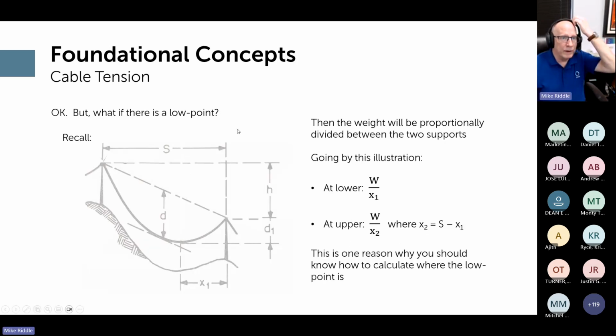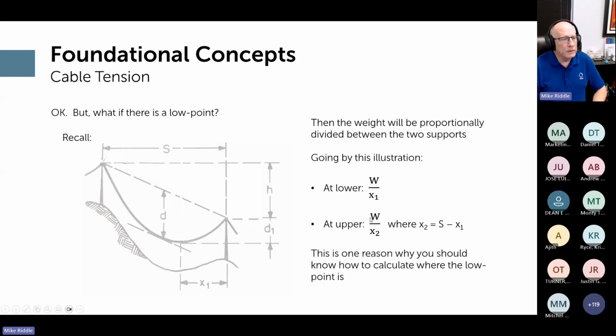What if there is a low point? Well, then the weight will be proportionally divided between the two supports. So you'll recall this illustration from before. You can find how much weight is at the lower attachment point by calculating this.